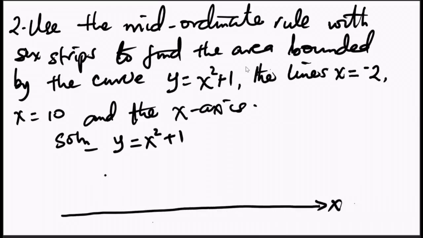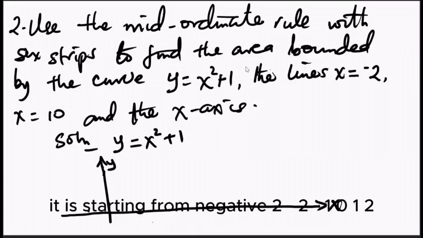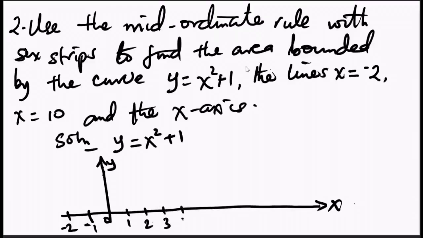This is x, and this is y. It is starting from -2, -1, 0, 1, 2, 3, 4, 5, 6, 7, 8, 9, up to 10.